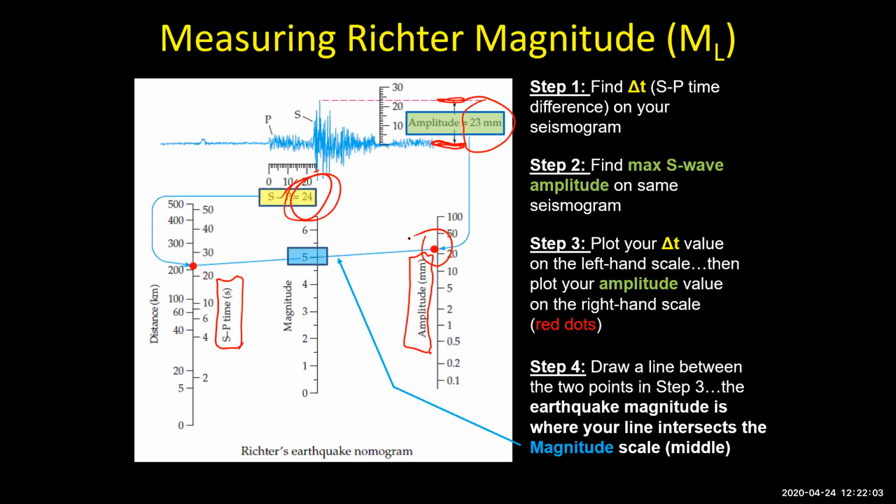And the last step simply involves drawing a line between these 2 points. It's in blue, but I'll highlight it in red. And if we were really doing this, we'd use a straight edge. And where that line intersects the middle scale gives us the Richter magnitude of the earthquake, which in this case you can see is magnitude 5. So Richter created this graph as a simple way to determine earthquake magnitudes, again, just for local Southern California earthquakes.